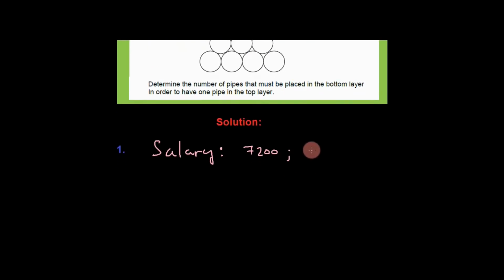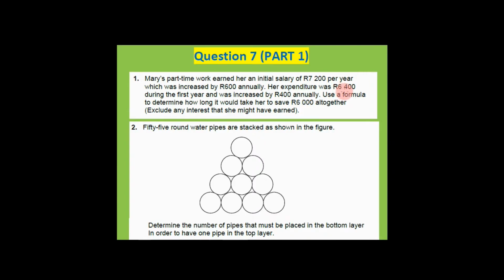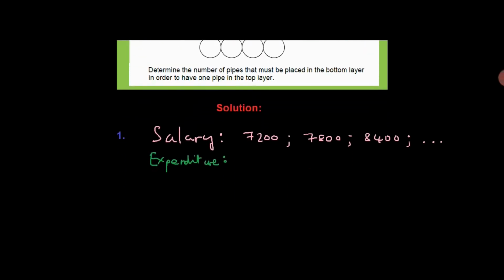So plus 600 Rand will give us 7,800, plus 600 will give us 8,400, etc. Let's set up a sequence for her expenditure. Her initial expenditure was 6,400 Rand, and it was increased by 400 Rand annually. So 6,400 plus 400 is 6,800, plus 400 is 7,200, etc.